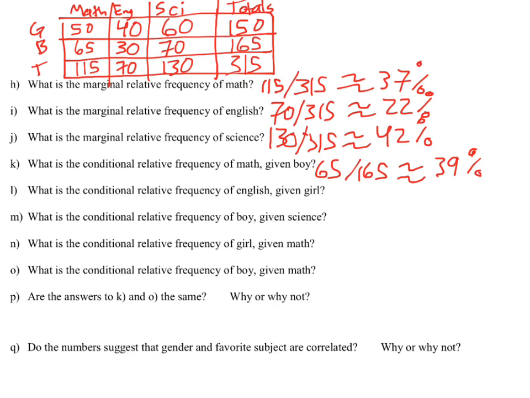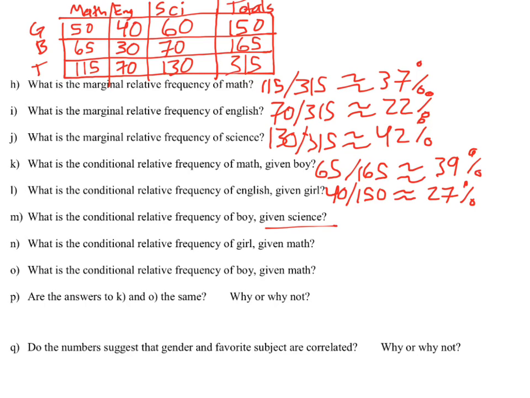And the next one, given girl, what's the conditional relative frequency of English? So out of all the girls, how many like English? That's the 40 out of 150 girls. So you take 40 divided by 150, you'll get about 27%.